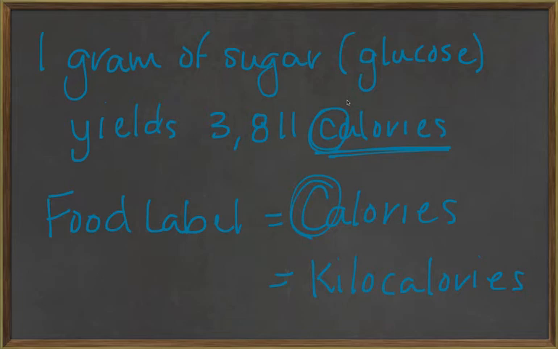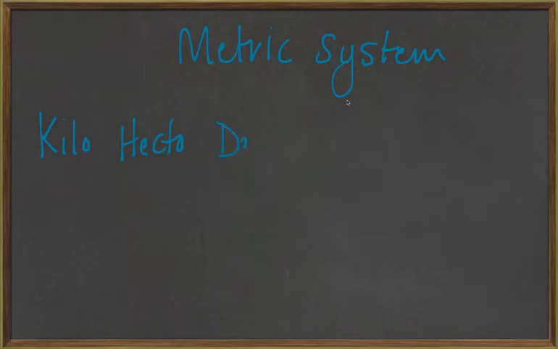If you're having trouble thinking about this, I'm just using the metric system. Since it's got kilo in front of it, that's all I am using. Hopefully you remember metric system. Just as a quick review, you have kilo, hecto, deca, your base unit, whatever it is, and in this case it is going to be your calories. You have deci, centi, and milli.